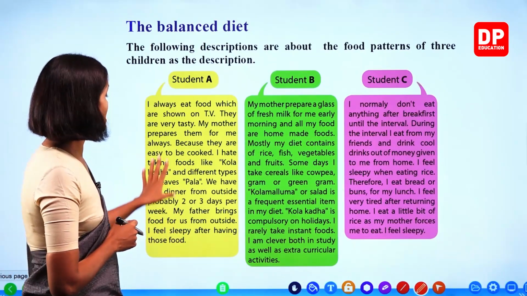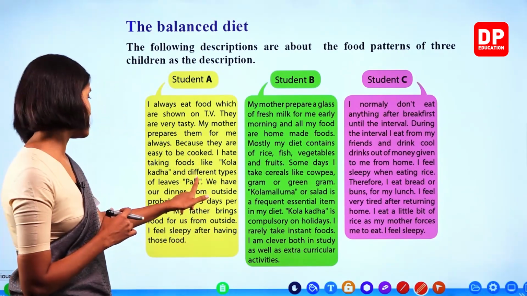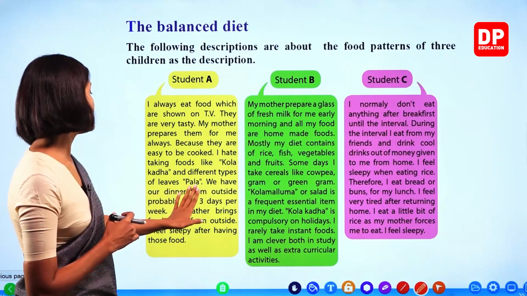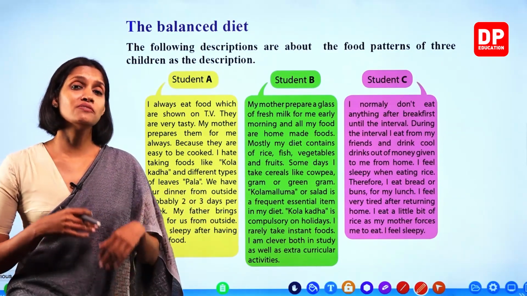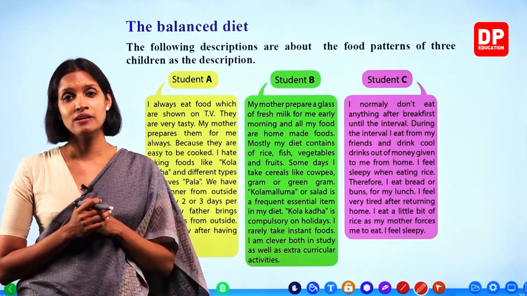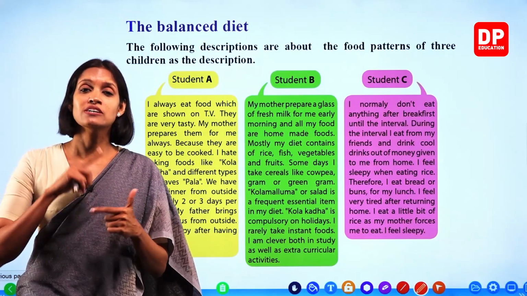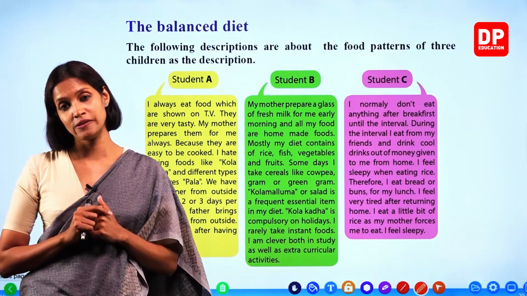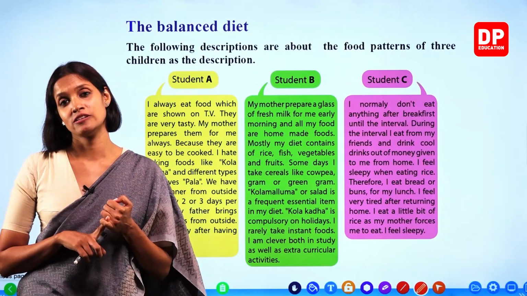And at the same time, most of the time when you buy different food items, let's say here it says, we have our dinner from outside probably 2 or 3 days. So when you consider the food you buy from outside, most of the time they have a high amount of sugar, salt, oil as well, and artificial flavors and colors as well.